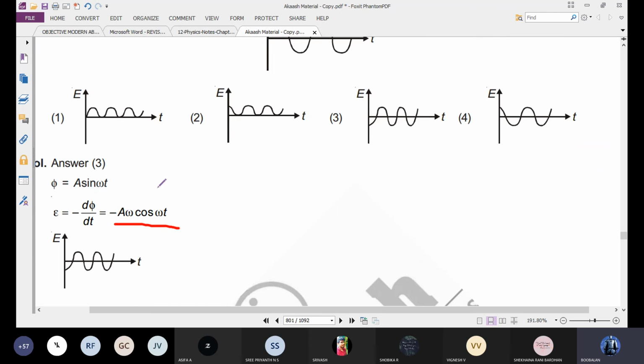Minus A means it is negative; the amplitude value is negative, minus A. This is the positive one. Minus A means it starts with the negative, so the third option is correct.